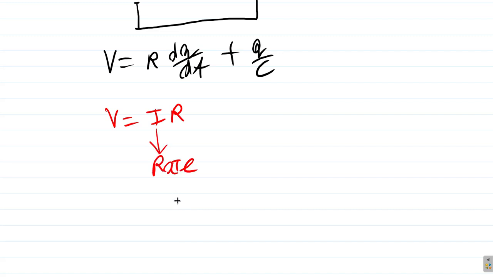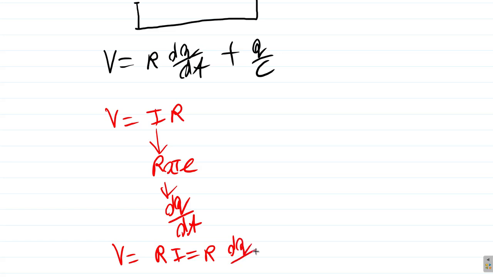It is the rate at which charge flows with respect to time. So it is dq by dt. So therefore, the voltage here is equal to the resistance times I, which is the resistance times dq by dt. So that's this part.